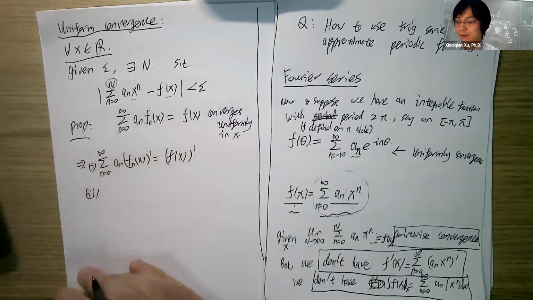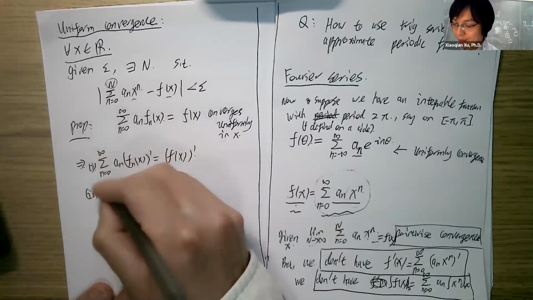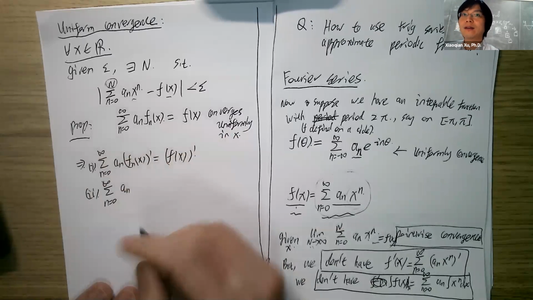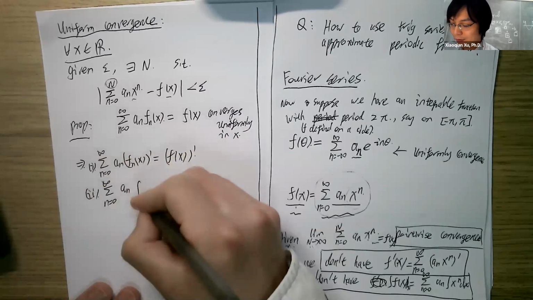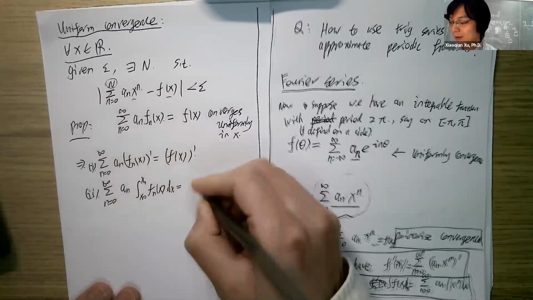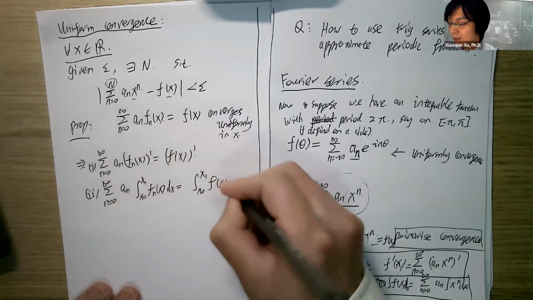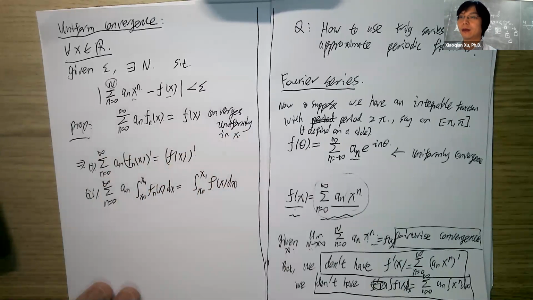And, well, maybe I'll state it later. And from 0 to infinity of a_n, if you take the integral from x0 to x1, you can also take the integral term by term, okay? So you can switch this limit.